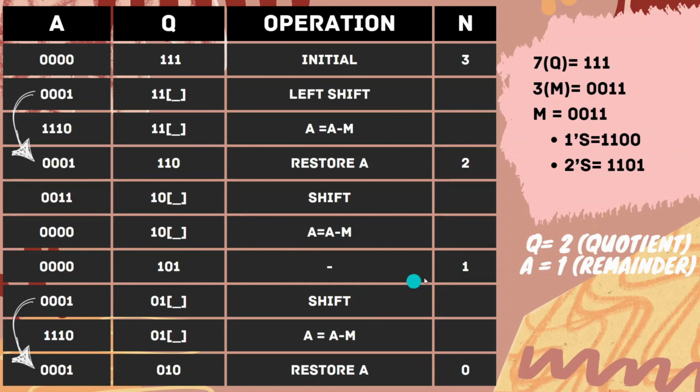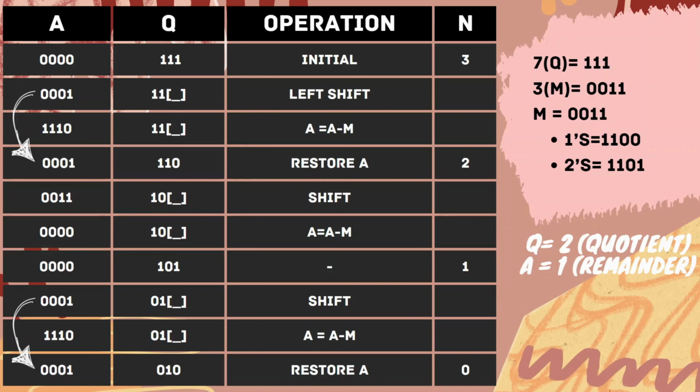Similarly, in the next step what we do is shifting, then the entire thing is shifted, and then calculation, and then the MSB is 1. So what we do is set Q0 to 0 and then restore A, so A becomes 0001, and then we decrement N. As we decremented, N becomes 0, so we stop here.